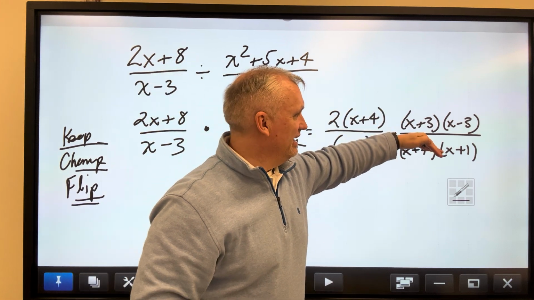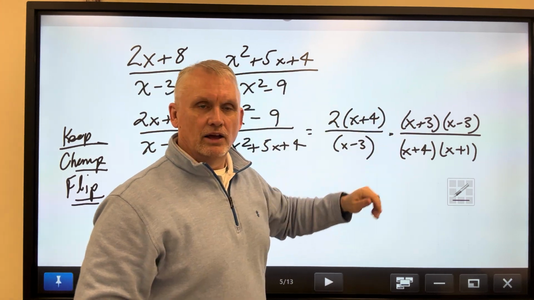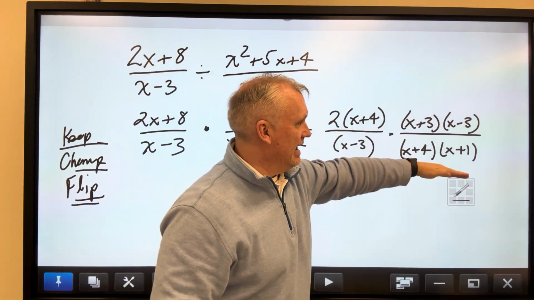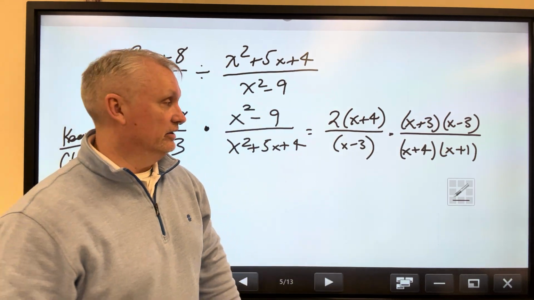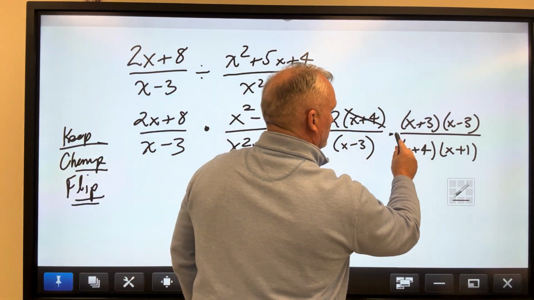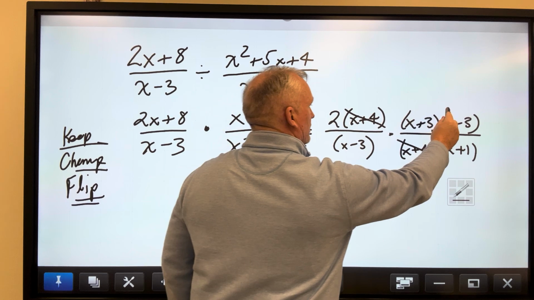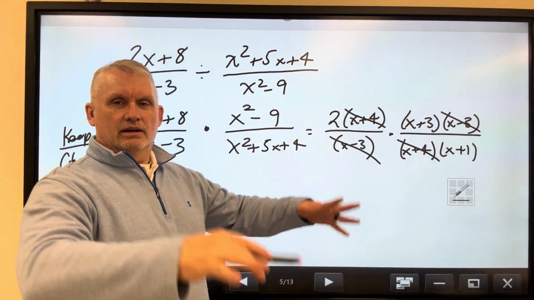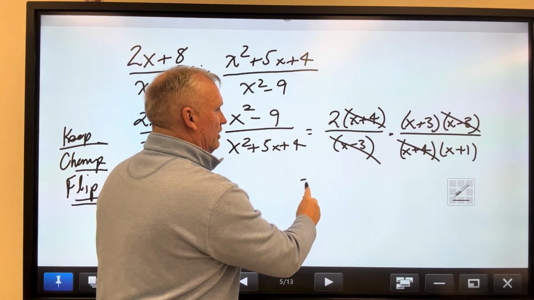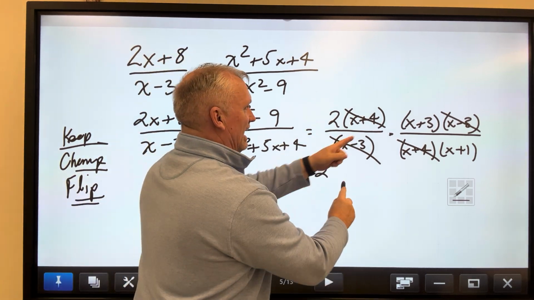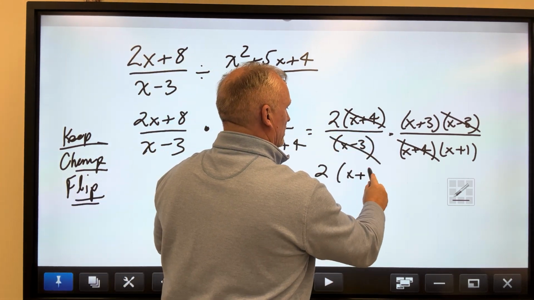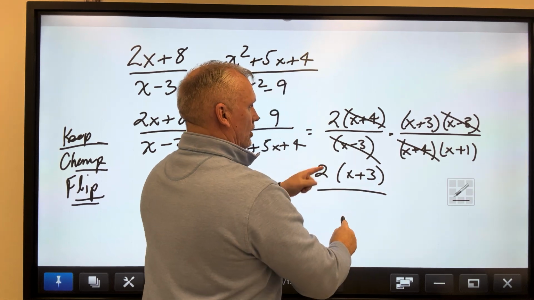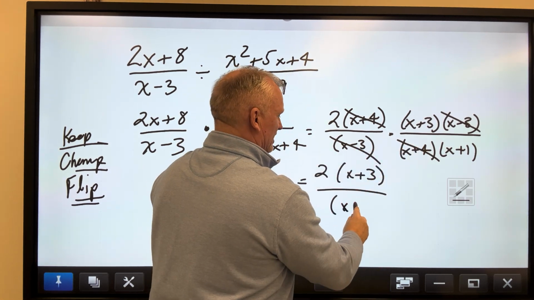I can cancel things out diagonally when I'm multiplying, or I can cancel them out up and down. So I have to look in both cases. Well, I got x plus 4, cool. I got x minus 3, cool. Take what's left. Now watch what I do. You got a 2 over here, 2 times x plus 3 over x plus 1.